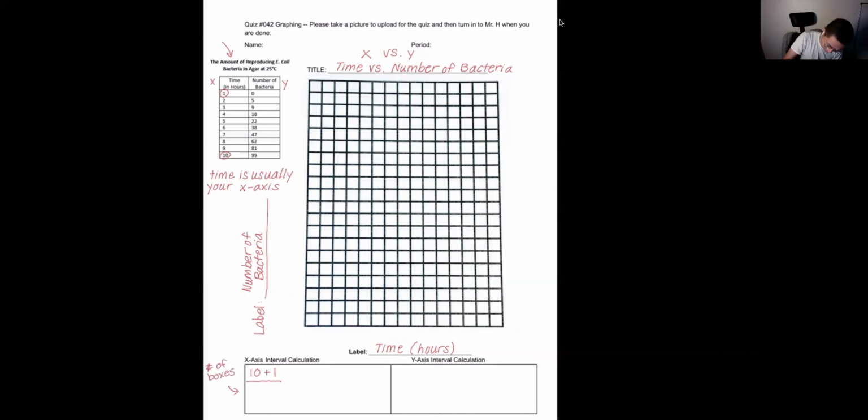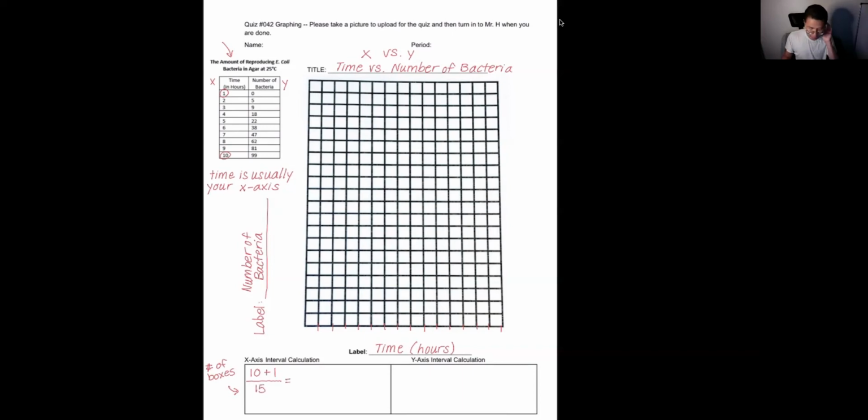So let's count. There's 1, 2, 3, 4, 5, 6, 7, 8, 9, 10, 11, 12, 13, 14, 15. So I'm going to put 15 on the bottom.